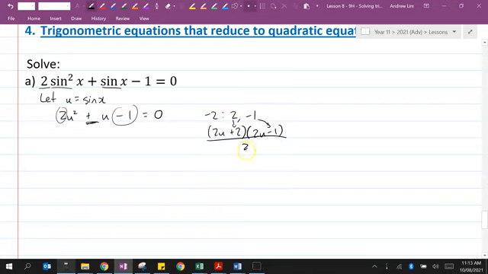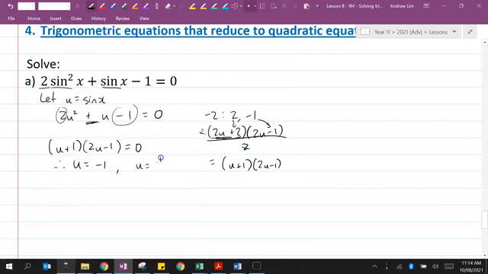That will factorize to u plus 1 times 2u minus 1, because when the 2 comes out for this, the 2s will cancel, leaving me with u plus 1. So we've got u plus 1, 2u minus 1 is equal to 0. Therefore, u has to equal negative 1, or u has to equal positive half.